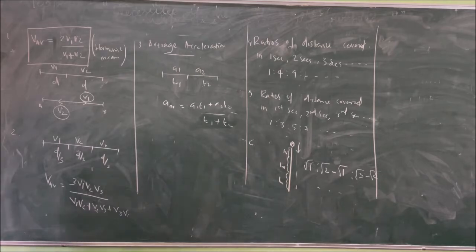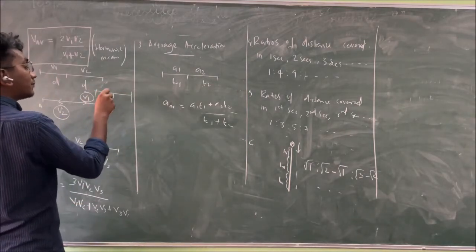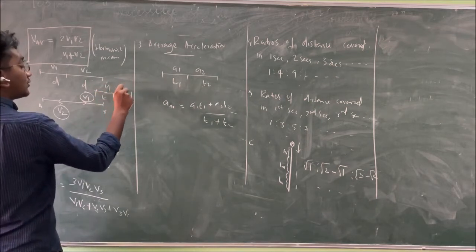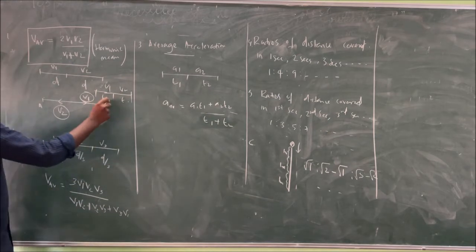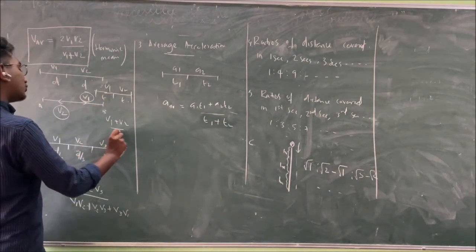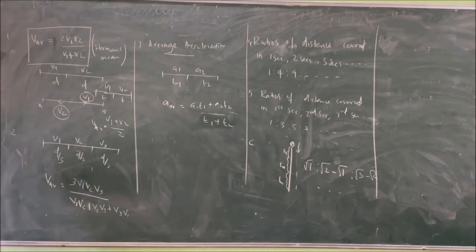Next, what if they travel with v1 and v2 for equal times, that is, both the times are equal? Then V average is v1 plus v2 divided by 2. Why am I rushing this topic? Because we already studied this.